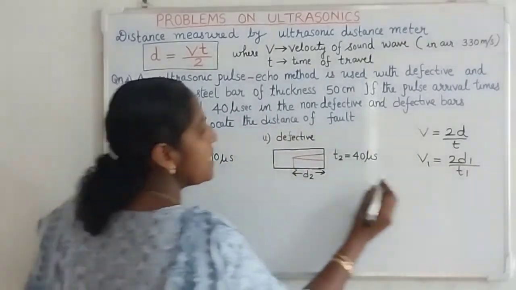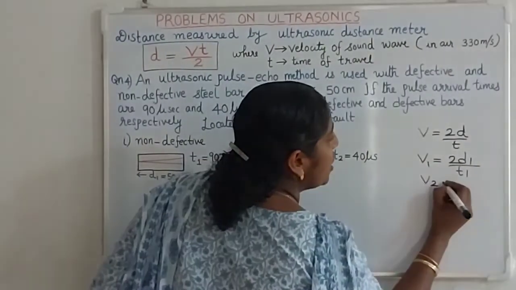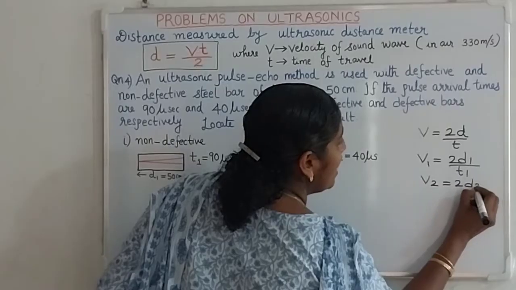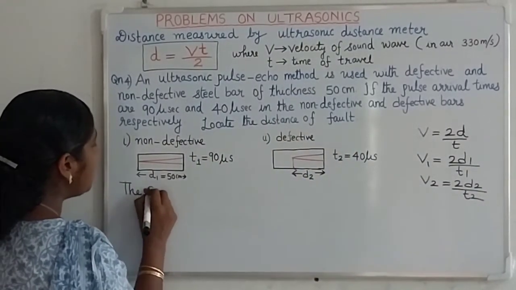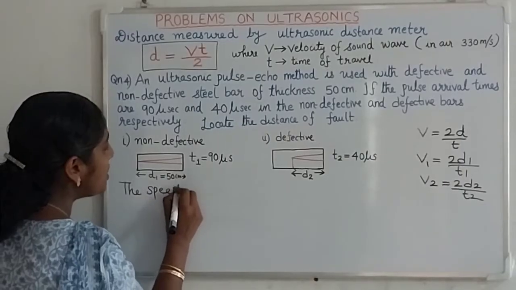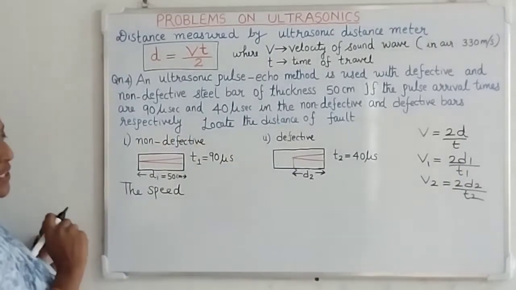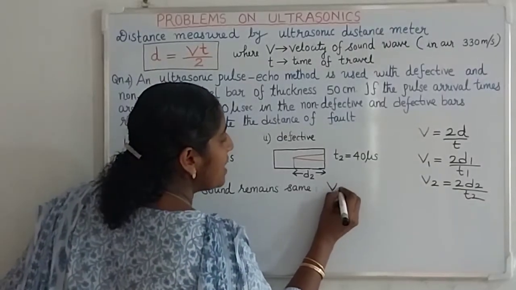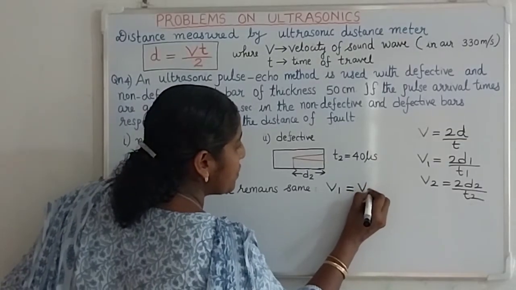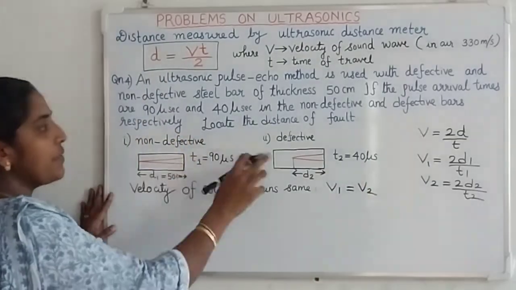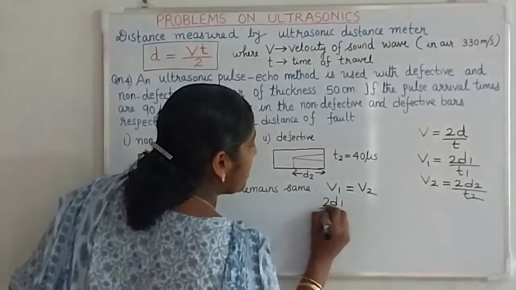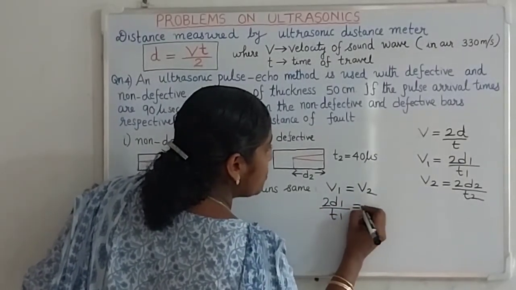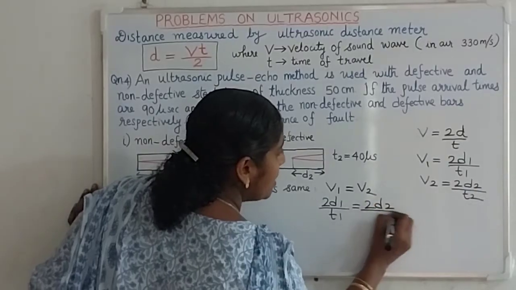Whereas for the defective steel bar, the speed will be 2d2 divided by t2. Now, the speed v will be the same for both, that is, v1 is equal to v2. The speed of sound in the non-defective and defective bar is the same. That is, 2d1 divided by t1 is equal to 2d2 divided by t2.